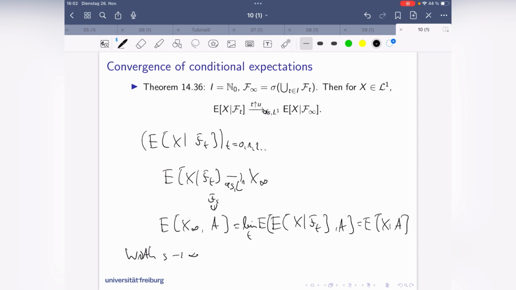I can always replace the right hand side by the expectation of x given F infinity over the set A. And I have two random variables, this thing here and x infinity, which are F infinity measurable. A is also from F infinity by letting s go to infinity. And therefore, by the defining property of the conditional expectation, I find that x infinity must be the same as the conditional expectation of x given F infinity.